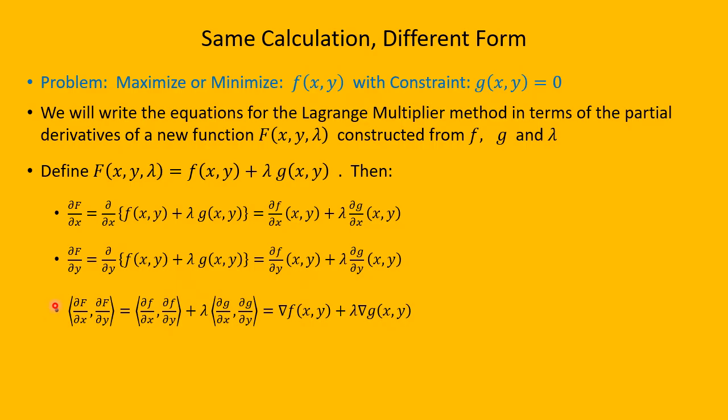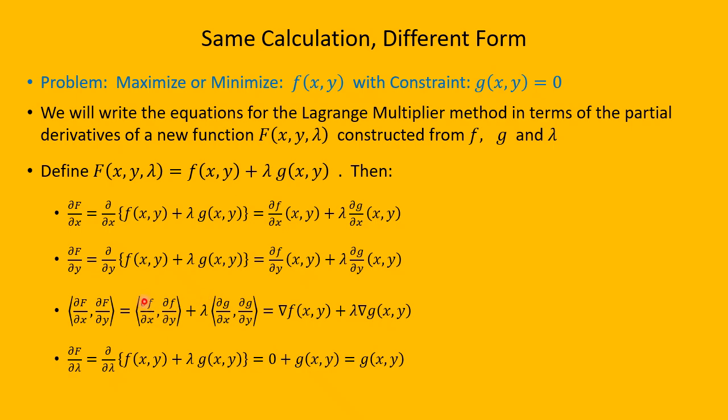And now, if we look at these two equations, the partial derivative of capital F with respect to x and the partial derivative of capital F with respect to y, let's put those as the first and second components of a vector. And then, using the fact that these two derivatives are equal to these two things over here, we can put that into the sum of two vectors.